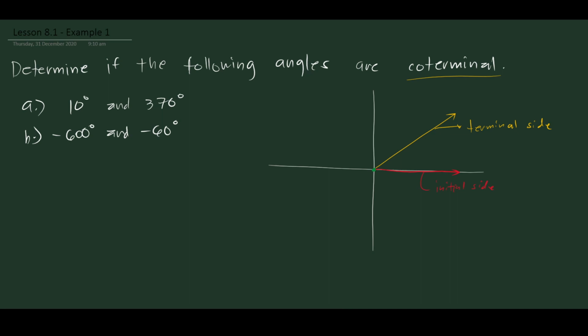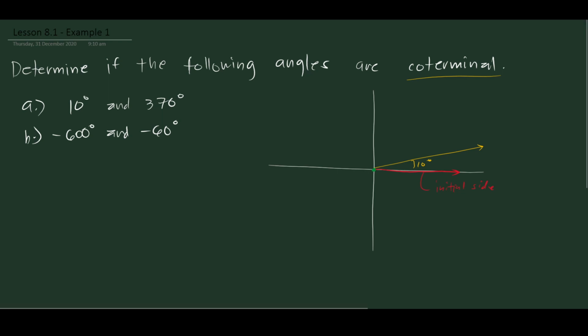So let's try it. So we have here 10 degrees. So let's draw 10 degrees first. So we have here, let's say this is 10 degrees. Okay, and we have 370 degrees. Now, if they have the same terminal side, then they are coterminal, right? So what is 370 degrees?